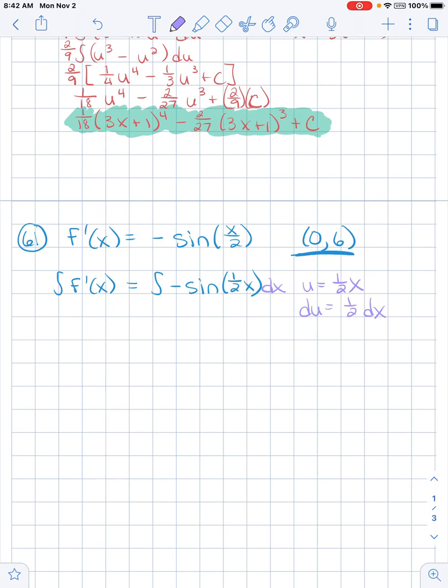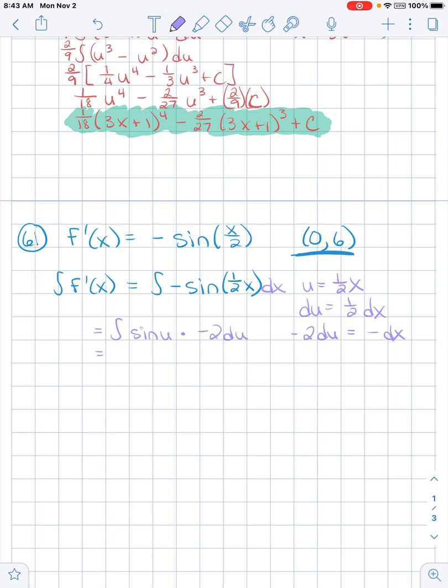So we do have a coefficient that's -1. This is going to mess us up later, but I'm going to do it anyway. So I'm going to multiply both sides of this by -2: -2 du equals negative dx. Making the substitution then, I end up with the sine of u times -2 du.